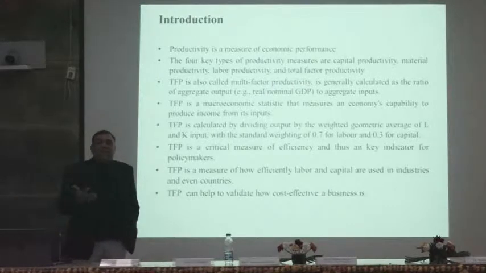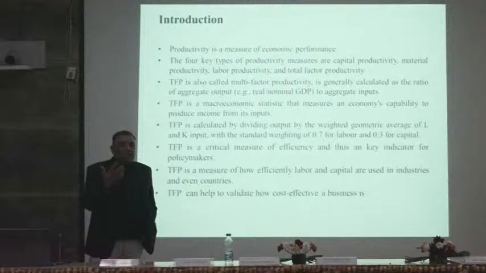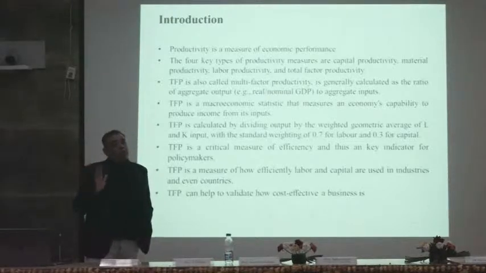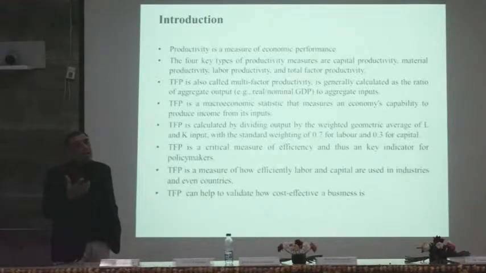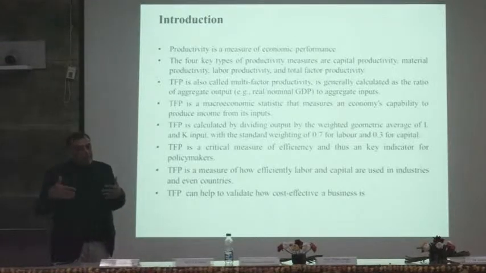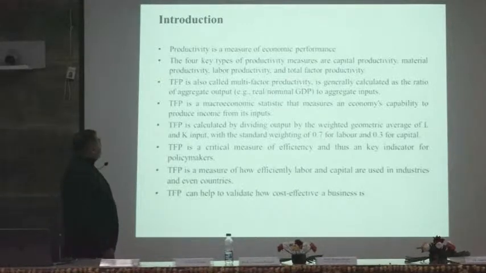Every country wants to increase aggregate output. Let's assume that in India we want to increase our GDP. The aggregate output is what we need to focus on, and we can increase it by using our inputs in an efficient way, that is, labor, capital and entrepreneurship.